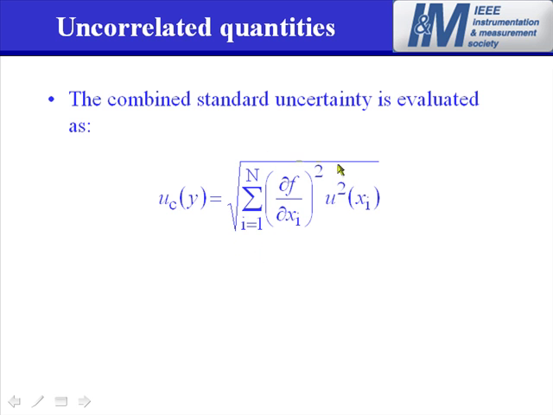You can easily check that it is a positive square root of a sum of terms being the variances, in this case, of these other quantities. And here you see the variances. The squares of the standard uncertainties of each measured value are variances, since the standard uncertainties are standard deviations by definition.